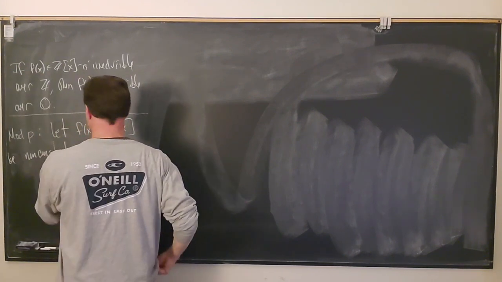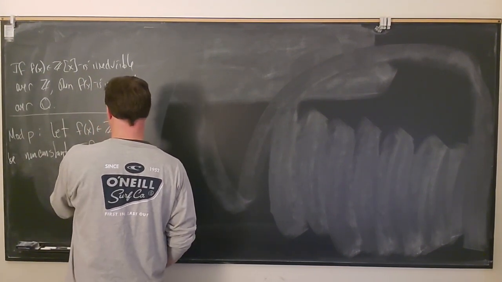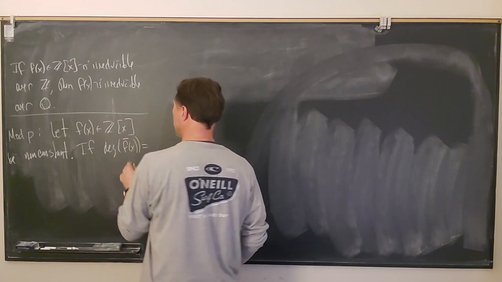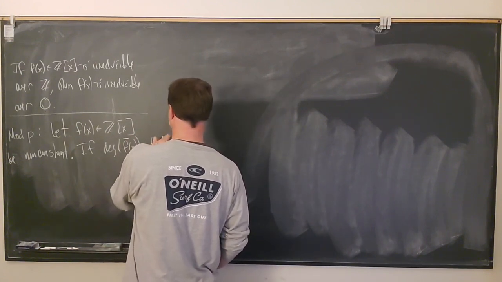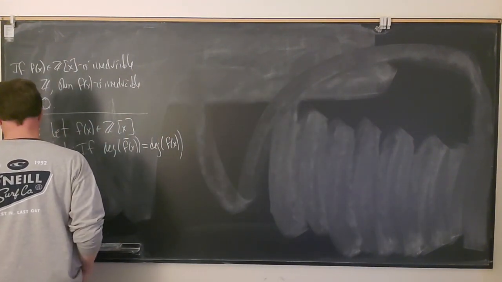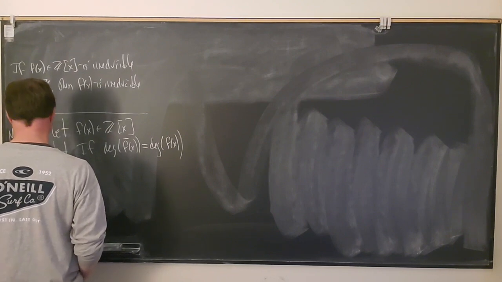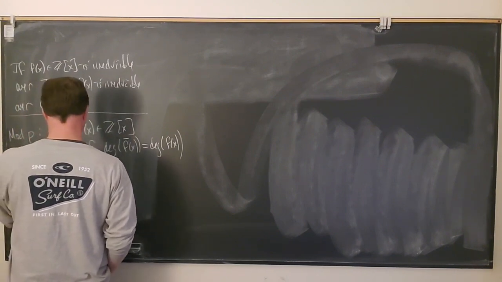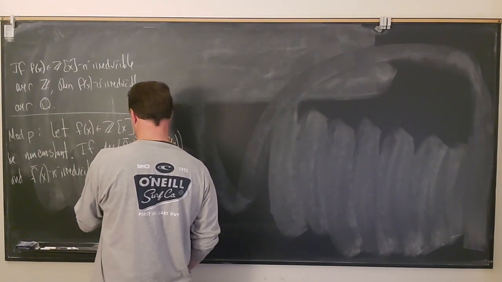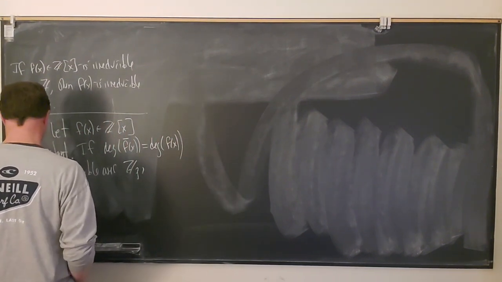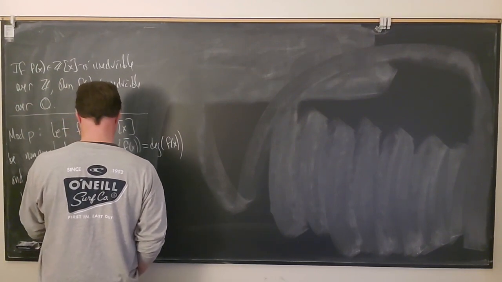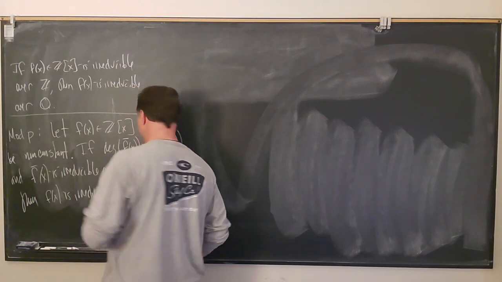Then it goes like this: if the degree of the polynomial when you reduce mod p is equal to the degree of the original polynomial, so when you reduce mod p the degree does not go down, and f bar of x is irreducible over Z_p, then f of x is irreducible over Q.